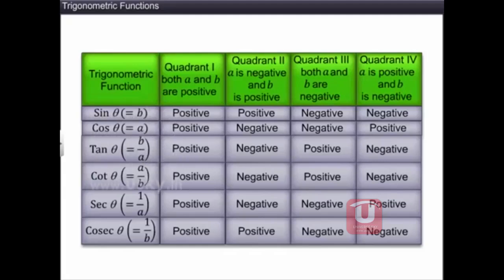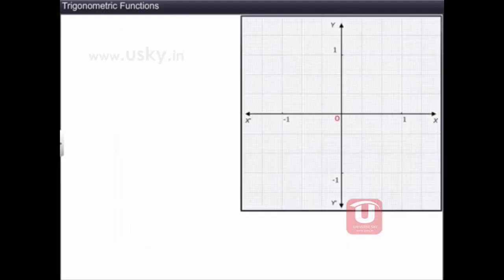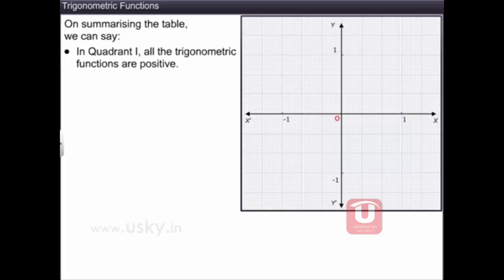From the above table, we can say that the sign of a trigonometric function depends upon the quadrant in which a point lies. On summarizing the table, we can say that in quadrant 1, all the trigonometric functions are positive.